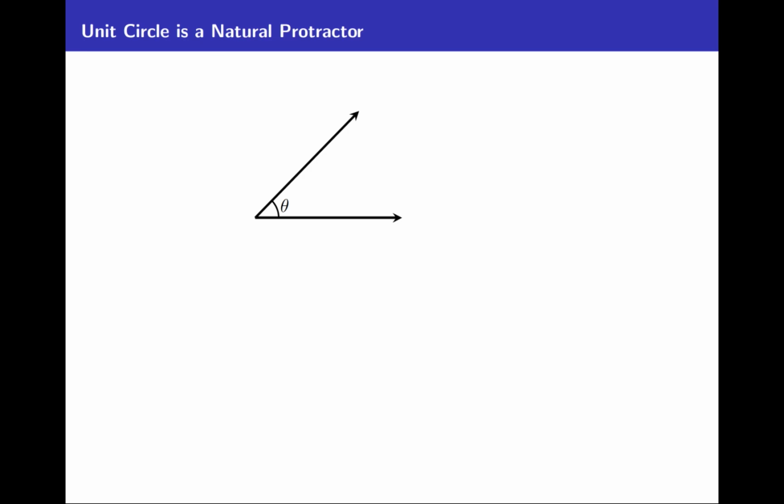The important thing about the unit circle is that it's a natural protractor for measuring angles. To illustrate this, think about an angle, theta, as indicated here.